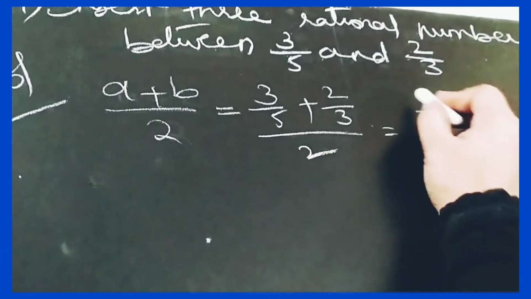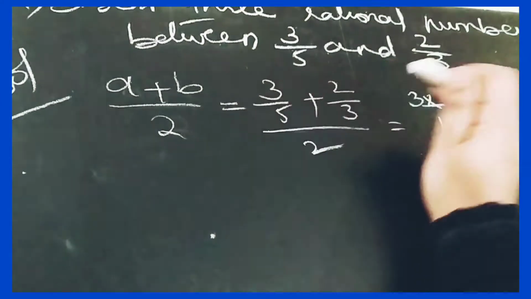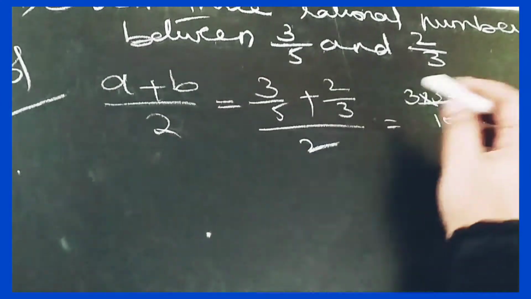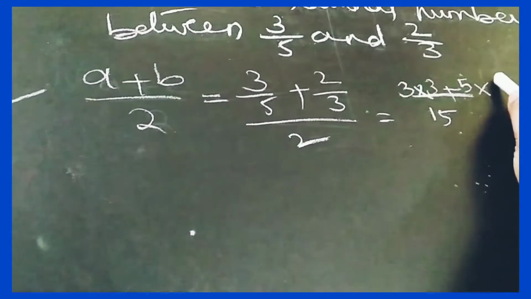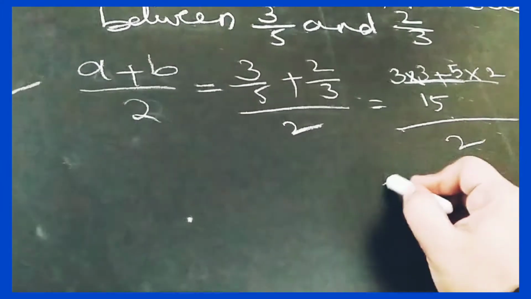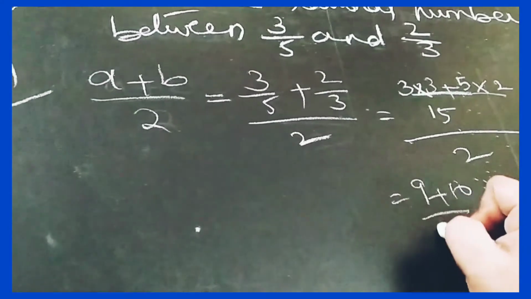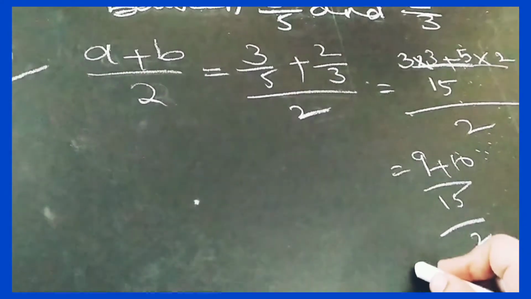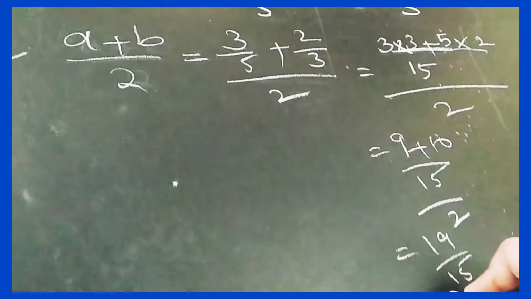It goes 3 times. 3 5s are 15, now 3 into this numerator. Plus, how many times does 15 go in 3 table? It goes 5 times. 5 3s are 15, now into this numerator. By 2. So 3 3s are 9, plus 5 2s are 10, by 15, by 2. So 9 plus 10 is 19. 19 by 15, by 2.